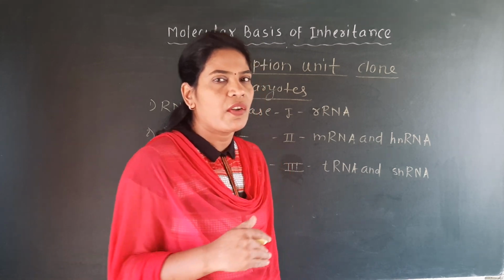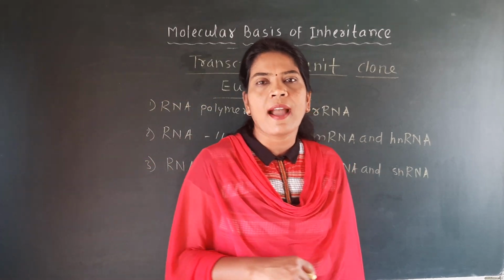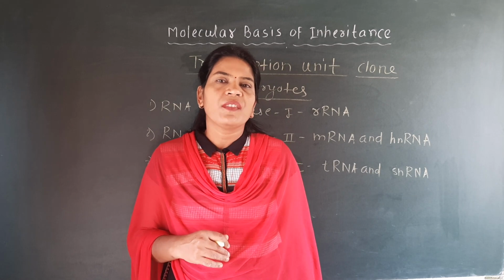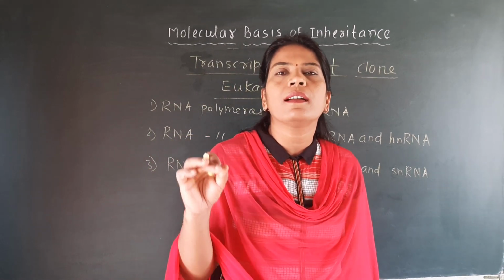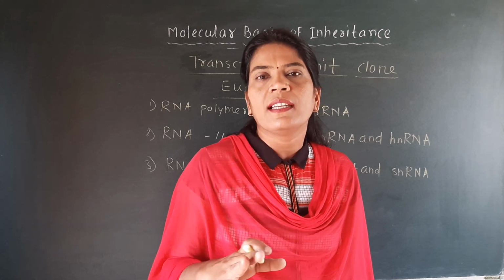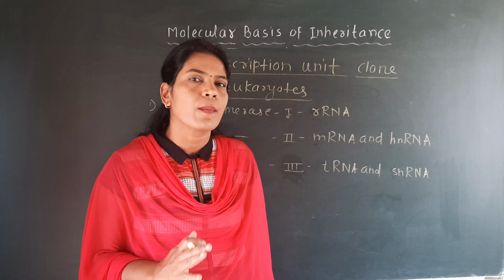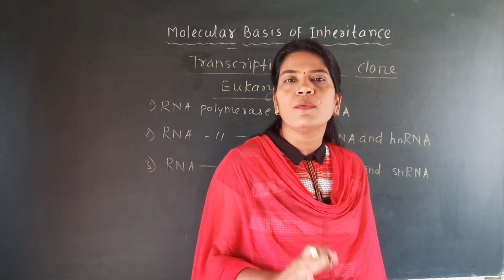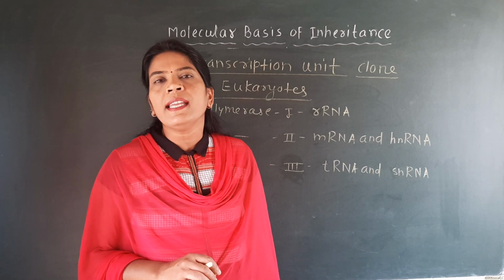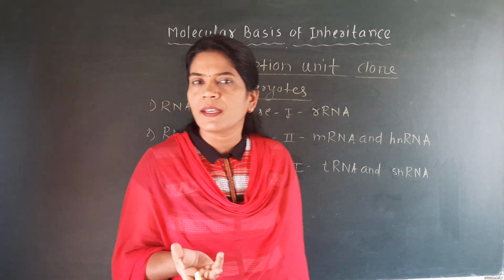We have seen that term in our first chapter, reproduction in lower and higher plants. In that chapter we saw that genetically identical individuals are called a clone, which are products of asexual reproduction, generally produced from a single parent. A clone means an exact Xerox copy of its parent.